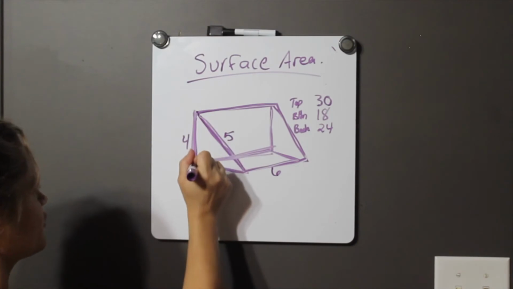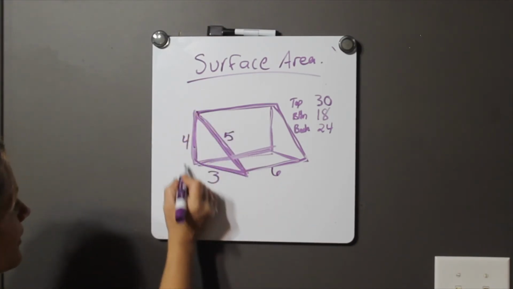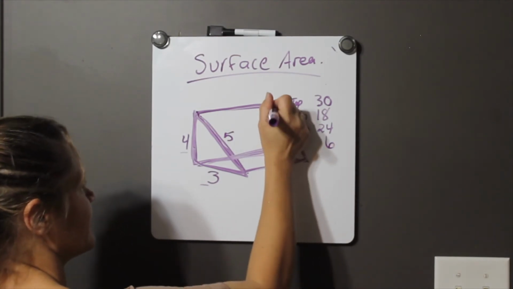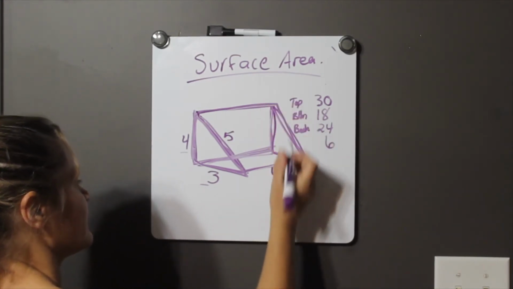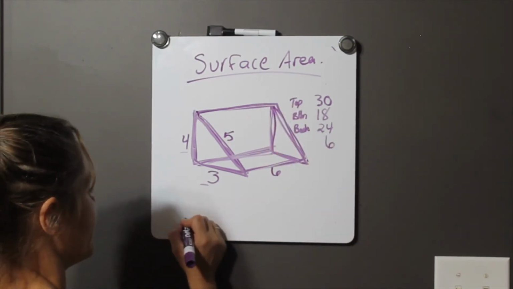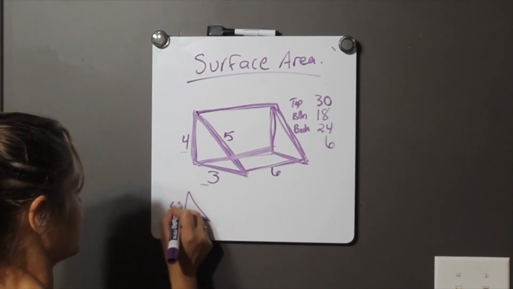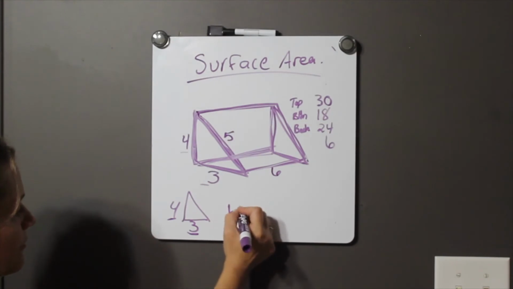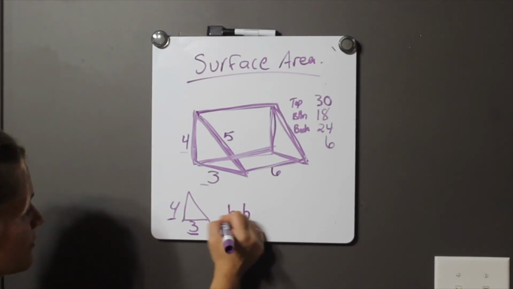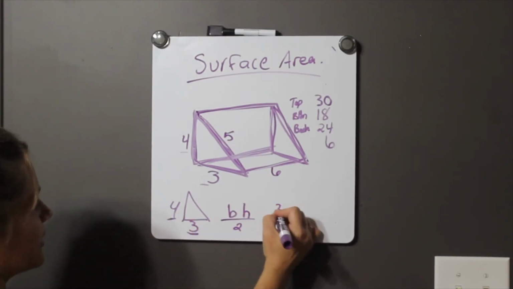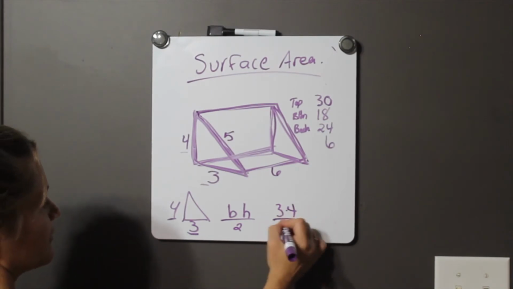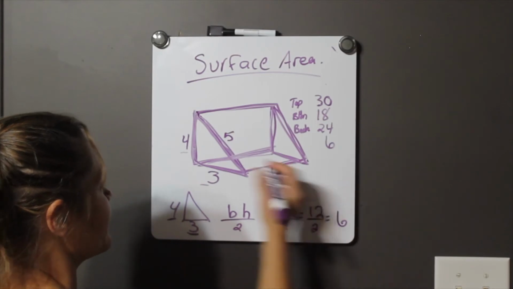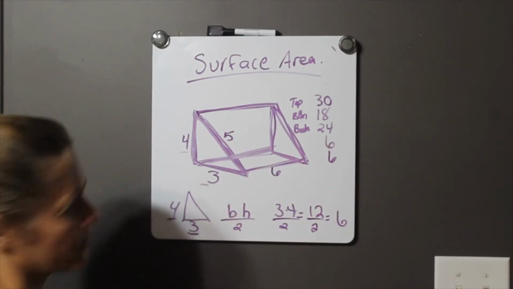And then it has 2 triangular sides. 3 times 4 is 12, divided by 2 would be 6. Base times height divided by 2, so 3 times 4 divided by 2, which would be 12 divided by 2, which equals 6. And we have 2 of those. We're going to write 6 twice.